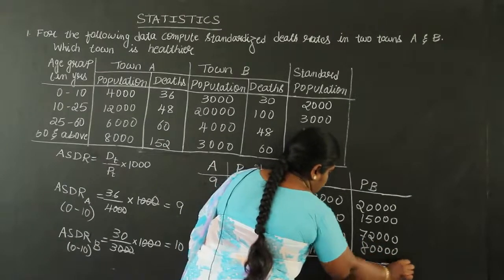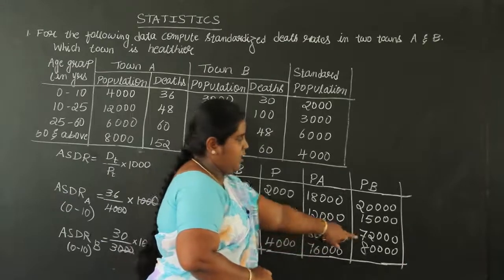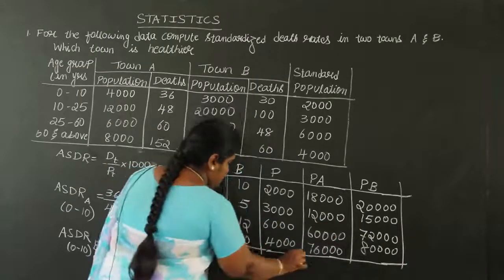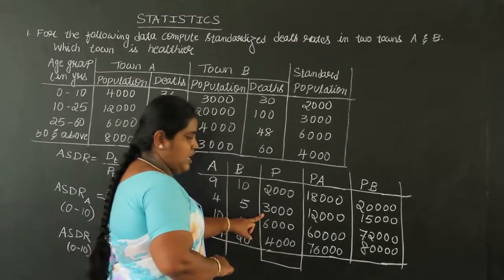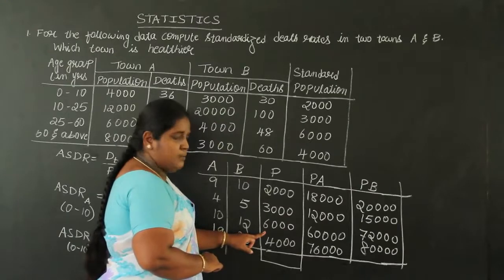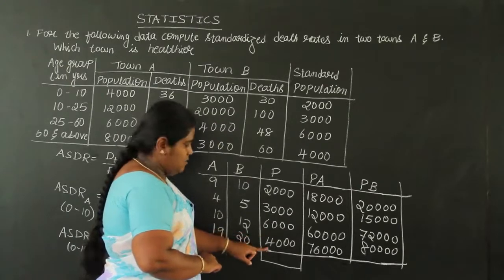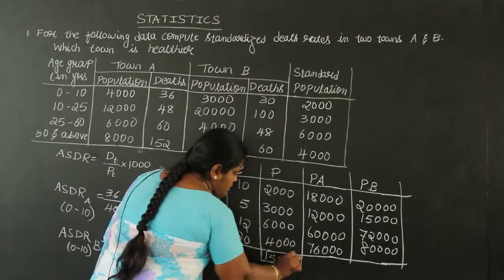So now add the P values and the total of PA and the total of PB. So when you add the P values, 2,000 plus 3,000, it is 5,000, plus 6,000, 11,000, plus 4,000, 15,000.